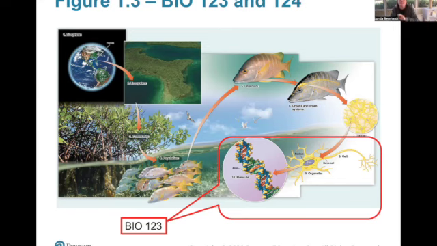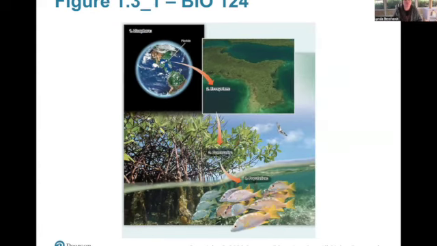And then cell, organelles, molecules, atoms. That's Bio 123. So we are going to start at the smallest part where we go from atoms to molecules to organelles to cell, and we cover all that. We will not even get to tissues in Bio 123. All the rest is Bio 124.